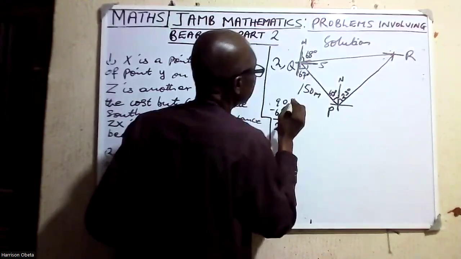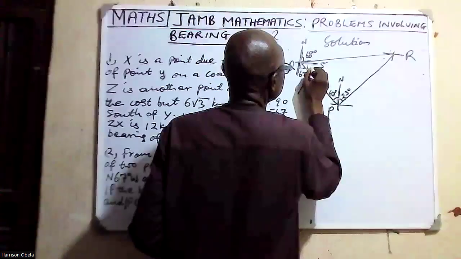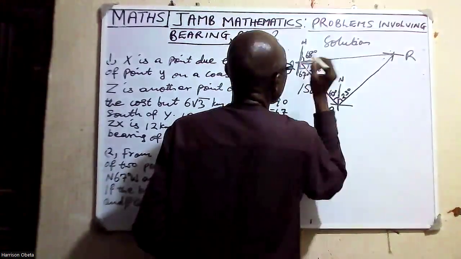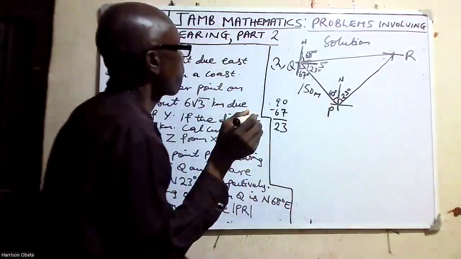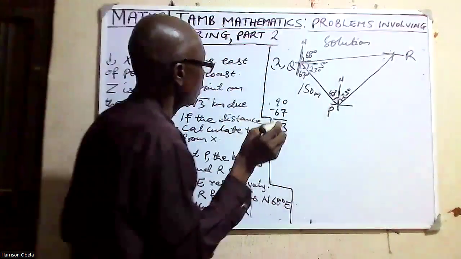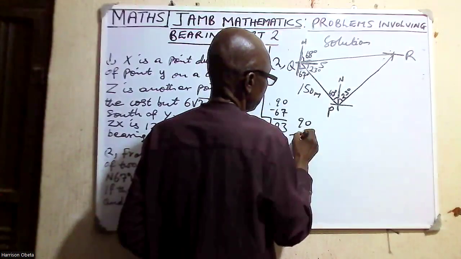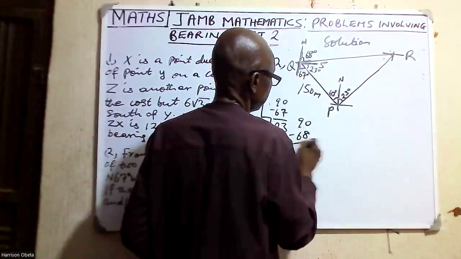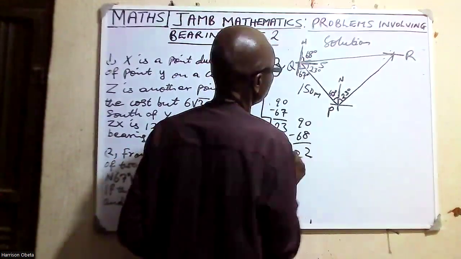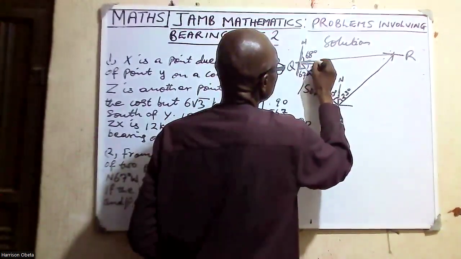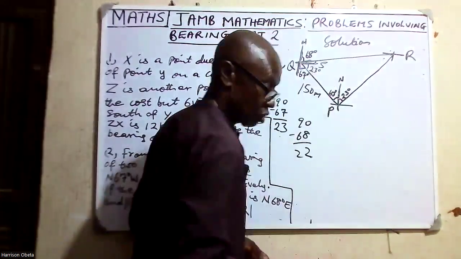This small angle here. Then again, we have 90 minus 68, that's 22. So this small angle here is 22.